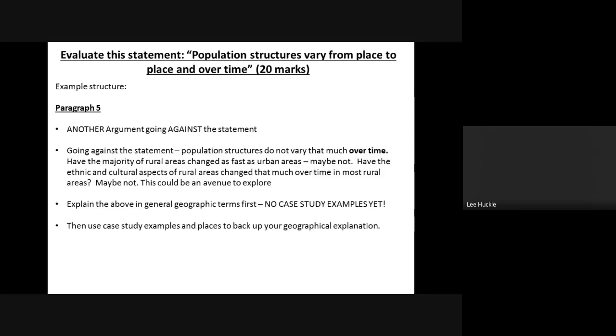Choose a rural area that you studied. Look at Shefford, maybe, for example. Look at your local and your contrasting places, and then compare that to Luton. We all know from the case studies that you've looked at, Shefford's culture, Shefford's diversity and ethnicity, religious aspects have not changed that much over time compared to Luton. And then, of course, peel it.